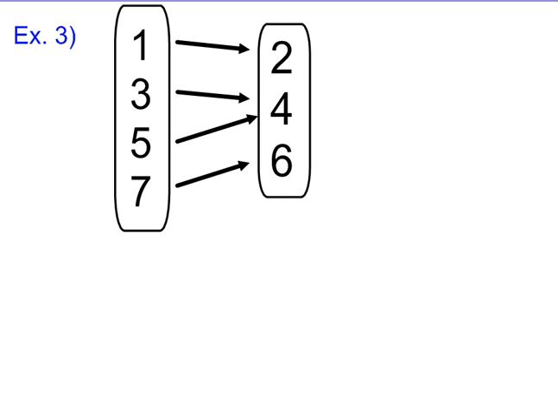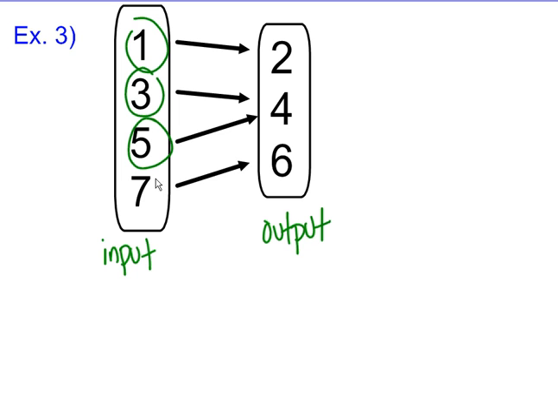This time, this one looks a little bit different in that we don't have the words input and output, but always know that the one on the left is the input and the one on the right is the output. So we have these numbers 1, 3, 5, and 7. We have the number 1 as input, one number comes out, 2. We have the 3 as an input, 4 is the output. 5 is the input, 4 is the output. 7 is the input, 6 is the output.